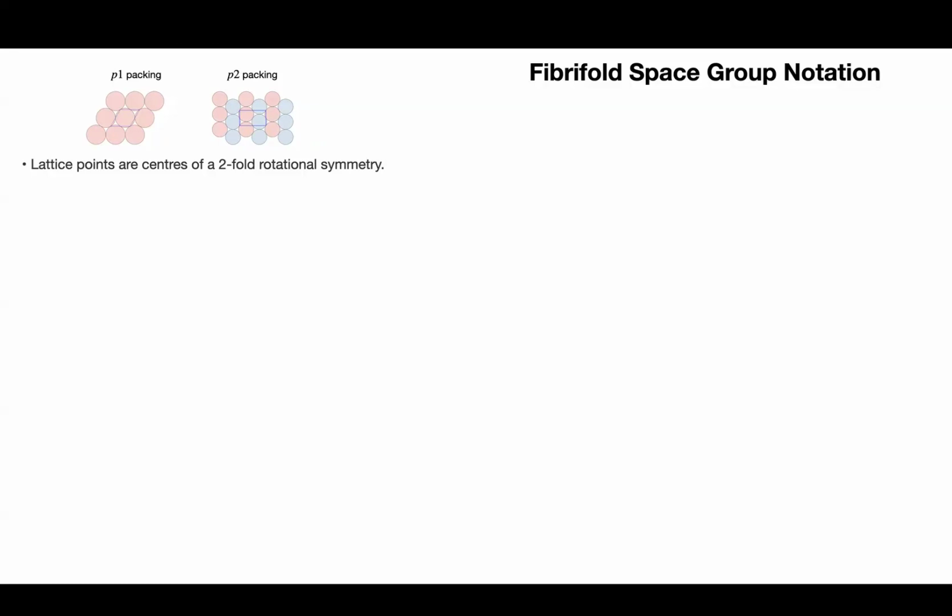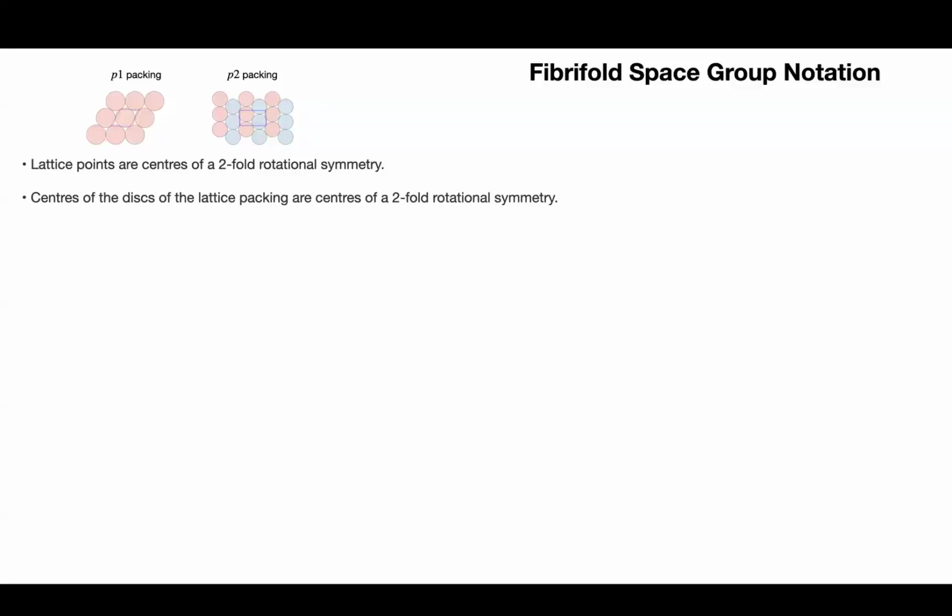So what's a fibrifold? Let's start with plane groups. For instance, these are circle packings. The P1 circle packing is just a lattice packing of disks.